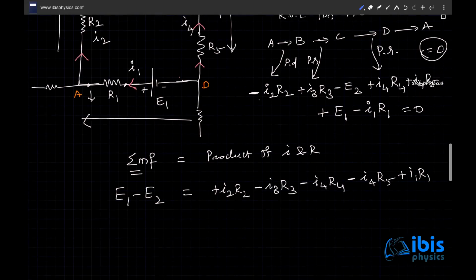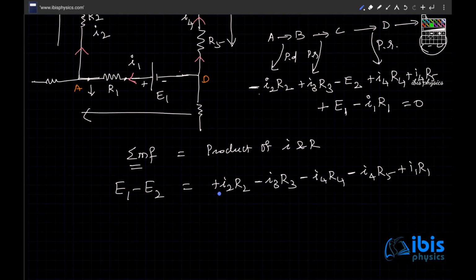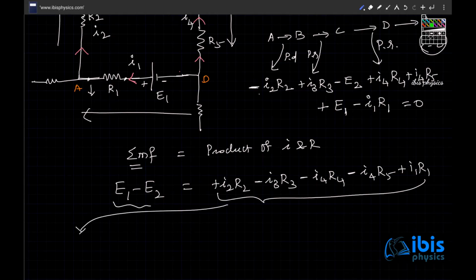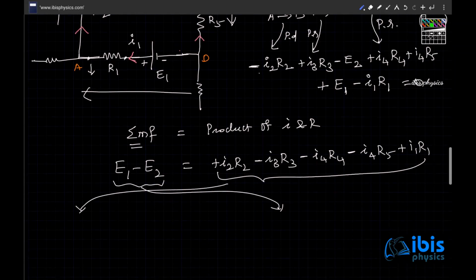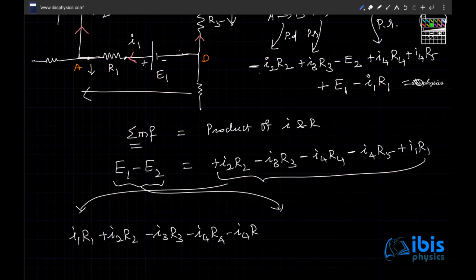Let us look at the pattern here. Again, these things you keep on the left hand side, and these things you keep on the right hand side. I'm going to bring it to a useful form. So this is I1 R1 plus I2 R2 minus I3 R3 minus I4 R4 and minus I4 R5 equal to E1 minus E2.